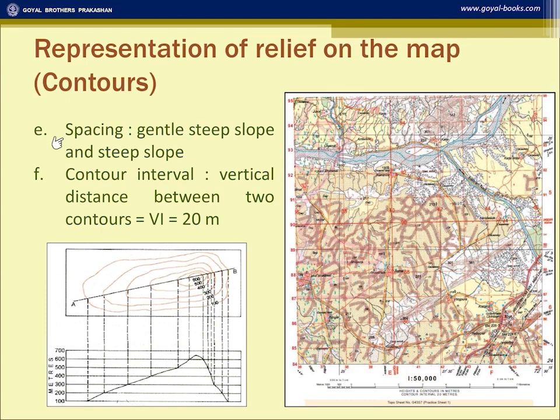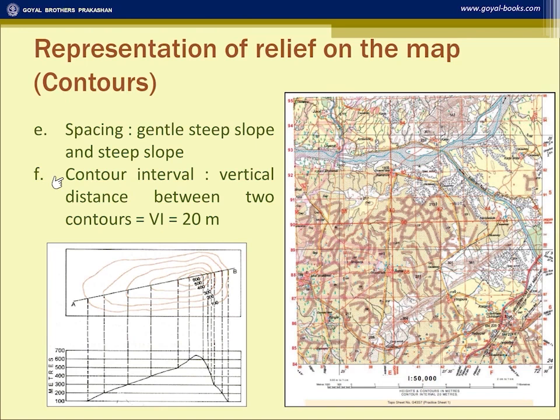Generally, the question that comes on the contour is also on the spacing. You can see that some contours are drawn very close together. On the other hand, some are drawn far apart. This is to show the gentle slope and steep slope. Now, the spacing of the contour on the survey sheet shows the gentle slope and the steep slope.